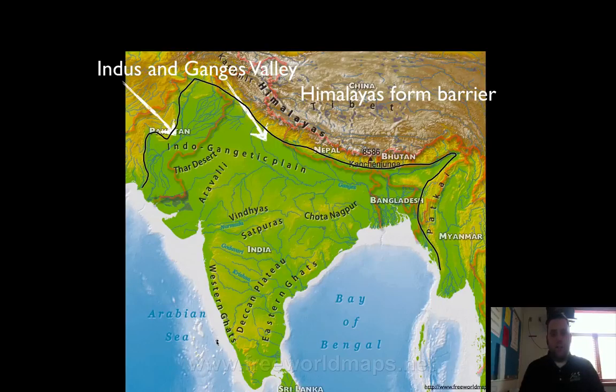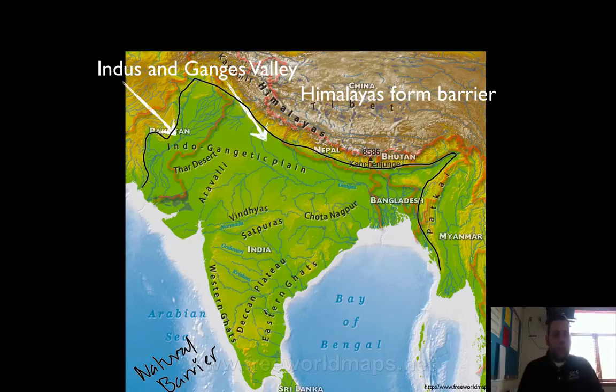To the south, the natural barrier is what? It's water. Reason being, sailing wasn't very popular back then. A lot of trade and travel was done by land because it was expensive to ship things, just like it's kind of expensive today.